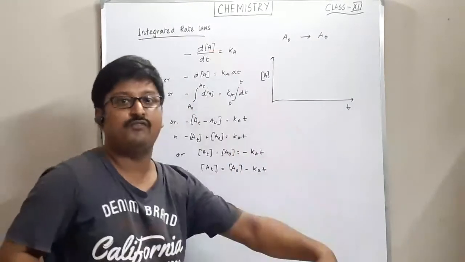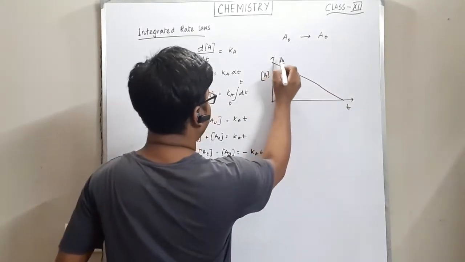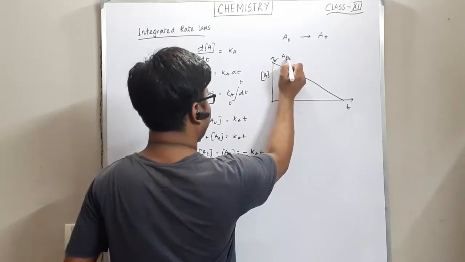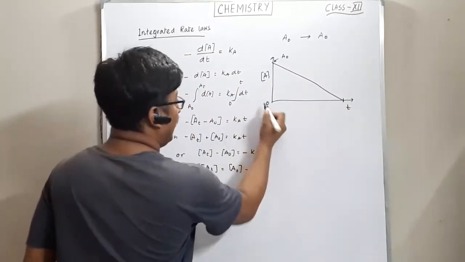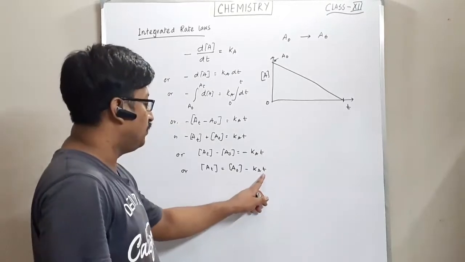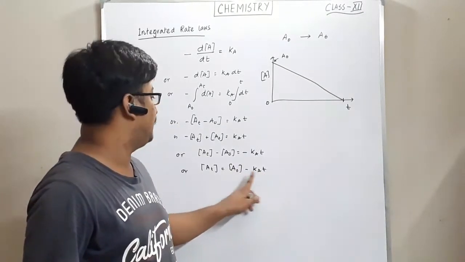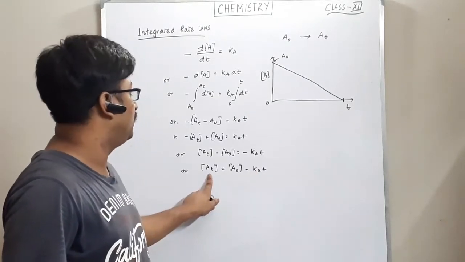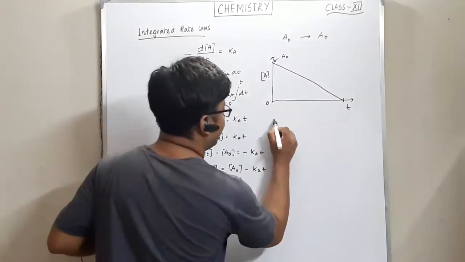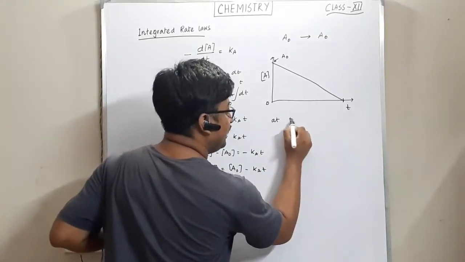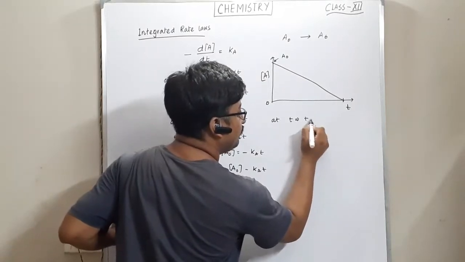We will get a sharp fall, and this is your A0. And if we put At equal to 0, then we get the time at t equal to infinity.